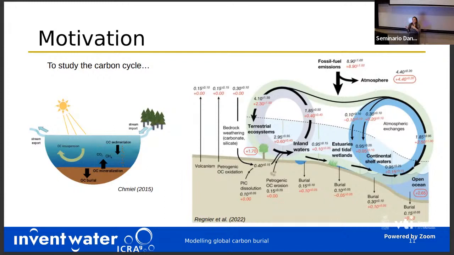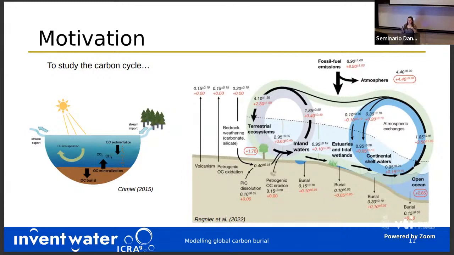If we look at it at a global level, I like this diagram, which might look a little bit difficult or complex, but it's nice because it considers compartments that are not normally considered when we see these diagrams of carbon budget. So here you can see how on the left, everything started in the terrestrial system and finished in the open ocean. This is what is normally called the land to ocean aquatic continuum.